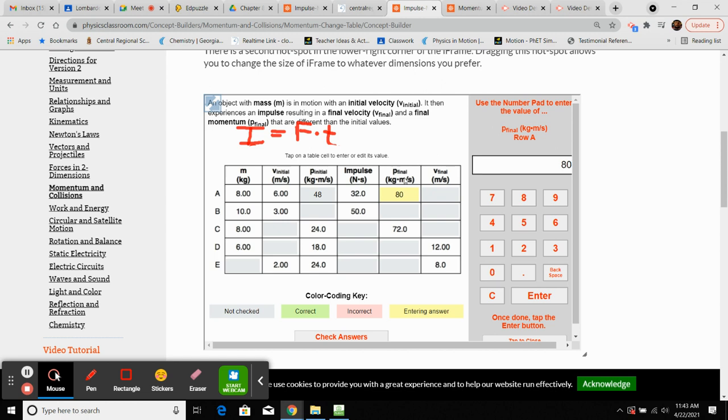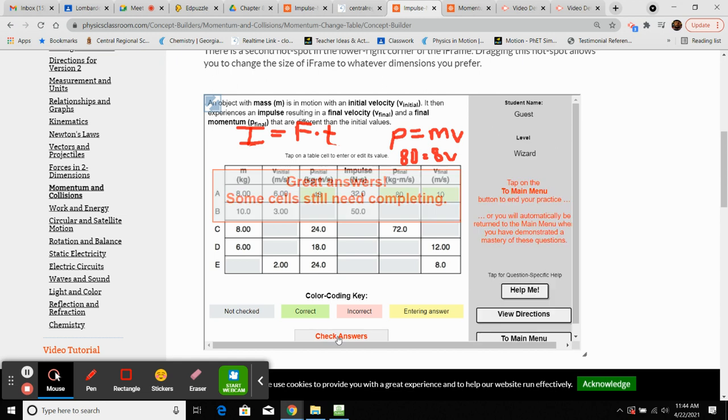Okay, so if I know that my final momentum is 80, I can figure out my final velocity by just using this equation. The mass didn't change, so this was 8. This is 80, our final. So divide both sides by 8, and we should get how much? Excuse me, 10.